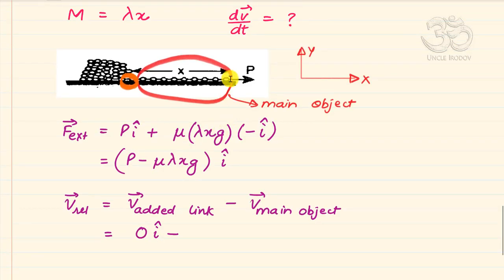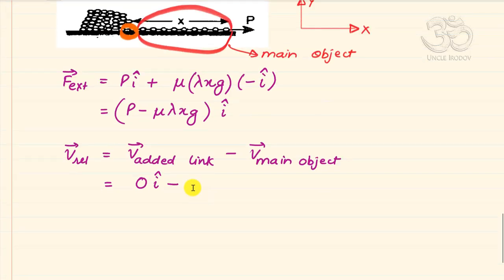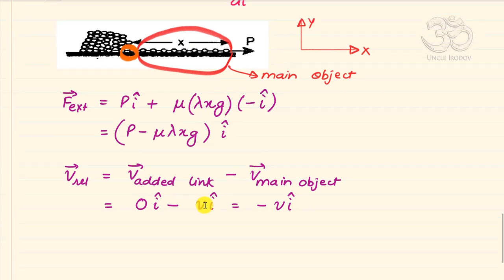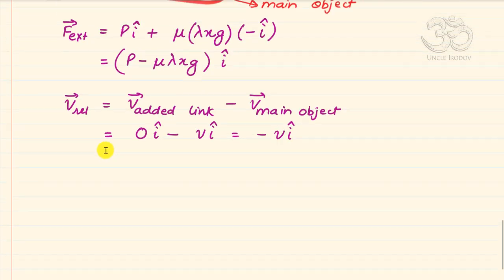Now the velocity of free end of the chain is also the velocity of any link, and that is also the velocity of the last link to which this small orange part is going to be added to. So minus vi cap. So you are going to get negative vi cap here. This is vrel.